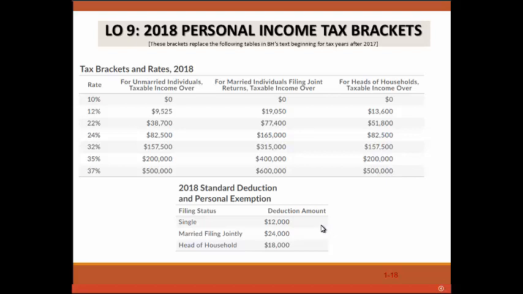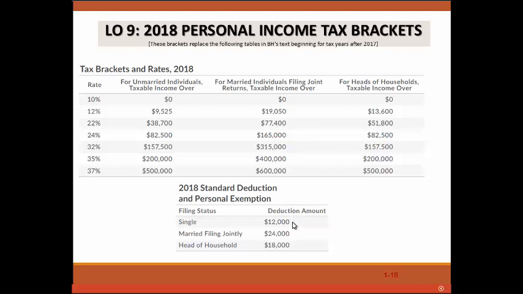Also, the standard deduction has been significantly increased. And the personal exemption, which has been part of the tax code up through the end of 2017, has been eliminated. Beginning with years after 2017, there will be no personal exemption on the tax return.